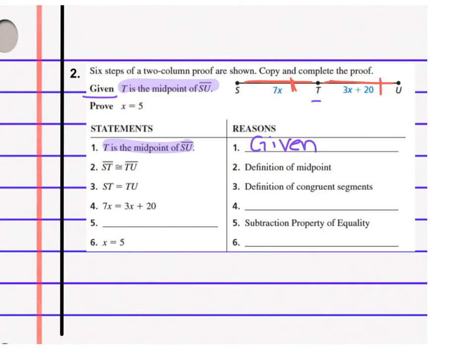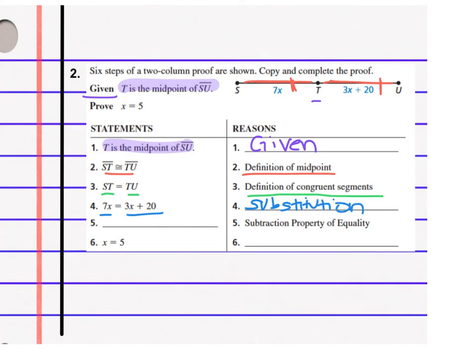That's the definition of a midpoint. Okay. ST equals TU, definition of congruent segments. All right, then we're just substituting, hint, hint, instead of saying ST, we're saying 7x. Instead of saying TU, we're saying 3x plus 20. So we are substituting the algebraic expressions instead of the name of the segment.